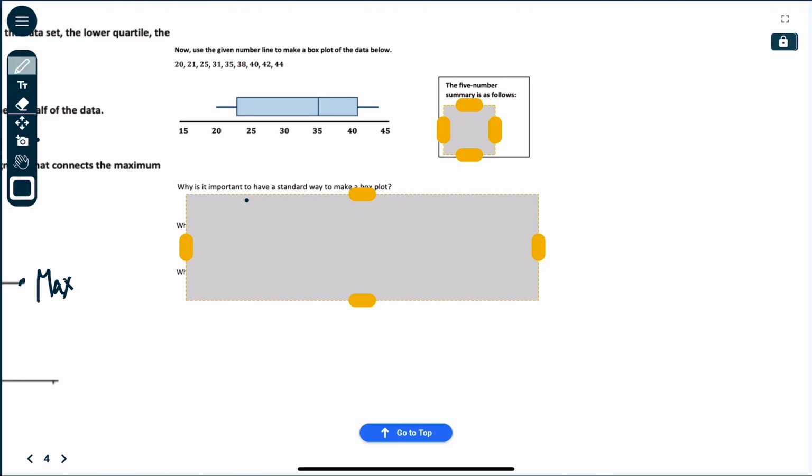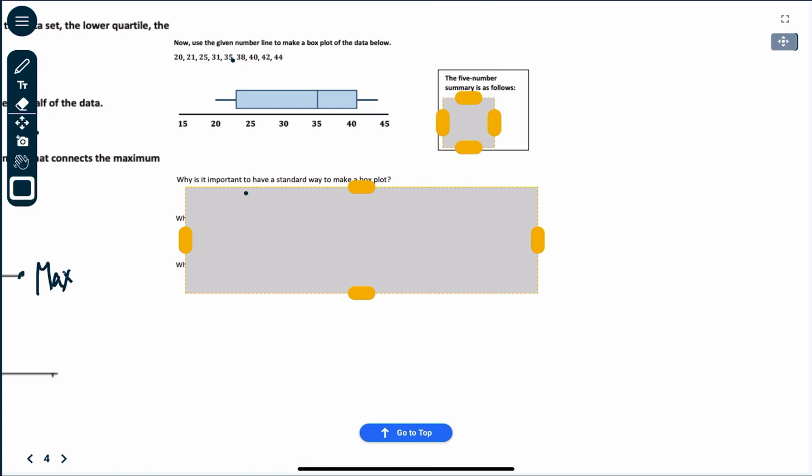If you add this up, 1, 2, 3, 4, 5, 6, 7, 8, 9, that means the fifth number will be the median. And right there it is, 35. There's the median. Now we take the median here, this would be 41, and this would be 23. And here they are, 23, 41. The maximum value is here at 44.